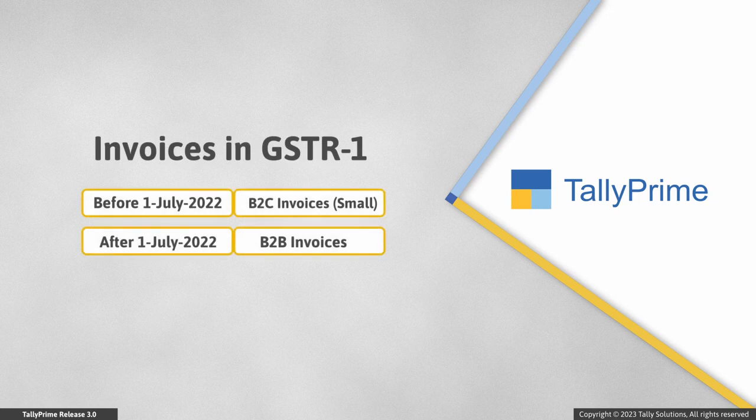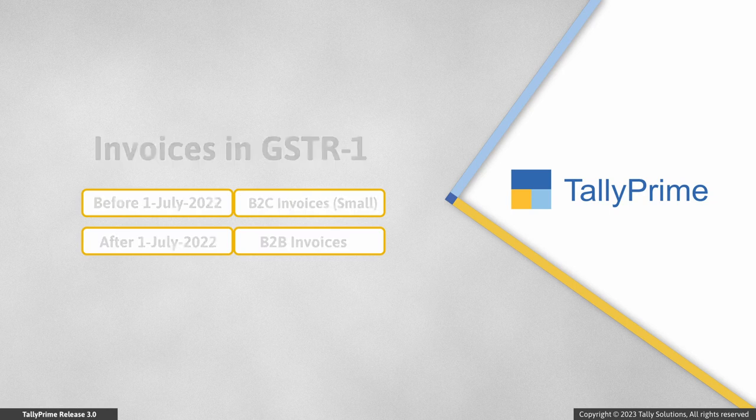As a result, the earlier invoices recorded for the party will continue to appear under the B2C invoices small section of GSTR 1. From July 2022 onwards, the invoice will start appearing under the B2B invoices section of GSTR 1.